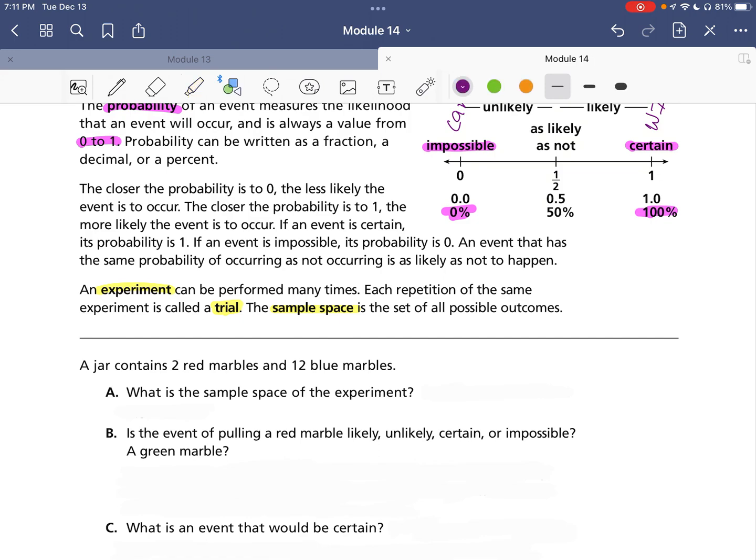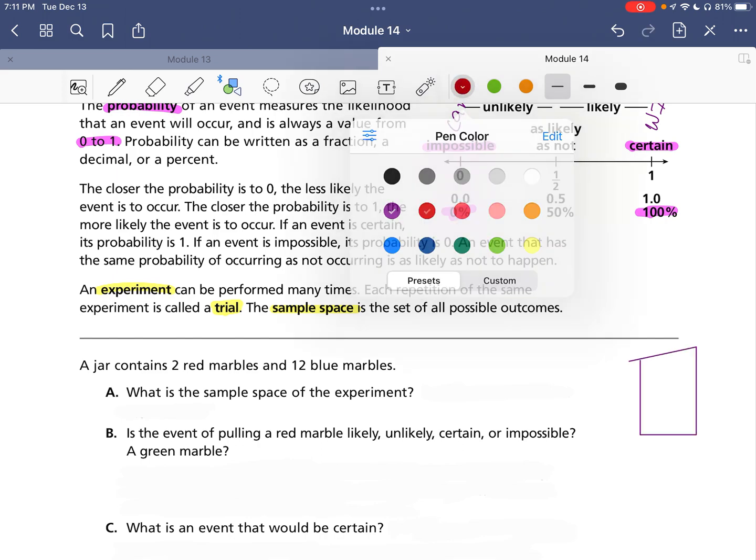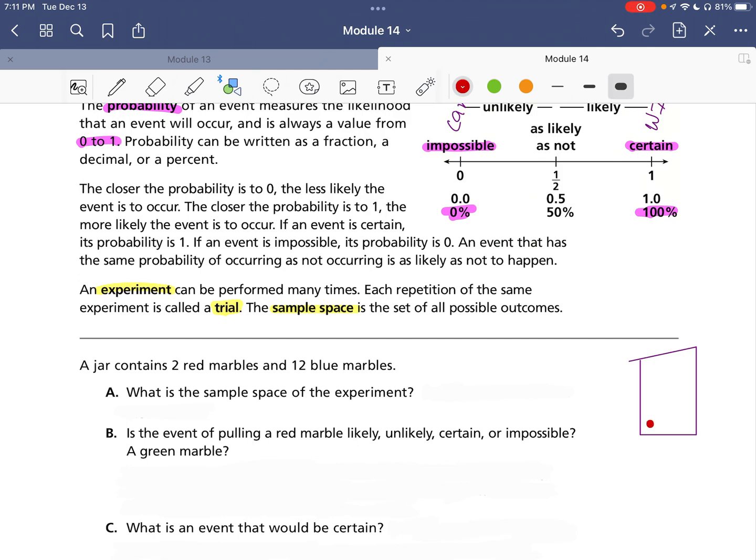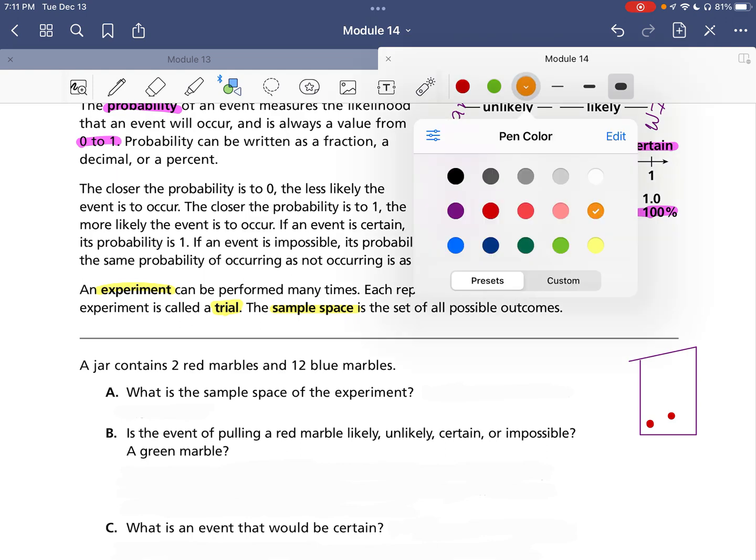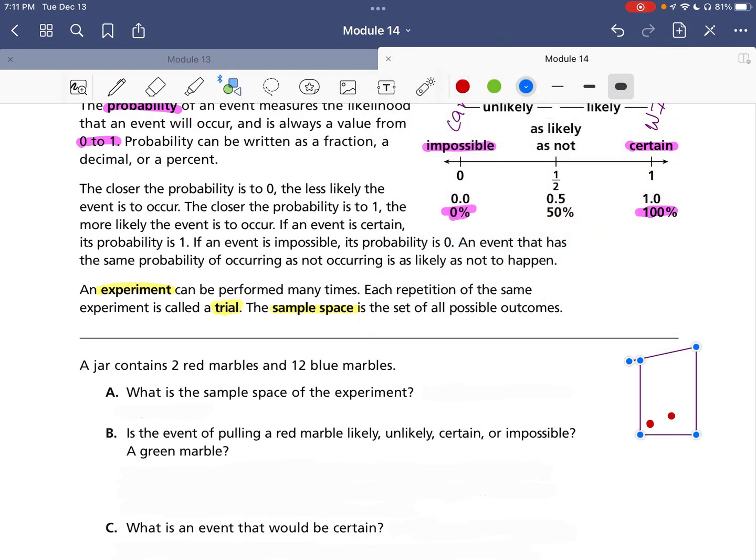So you have a jar. Here's a jar. And we have some red marbles. So we have 2 red marbles and 12 blue marbles.